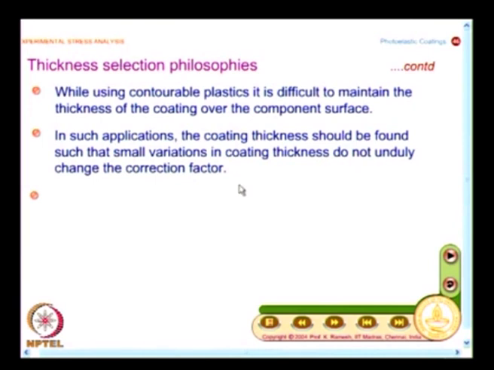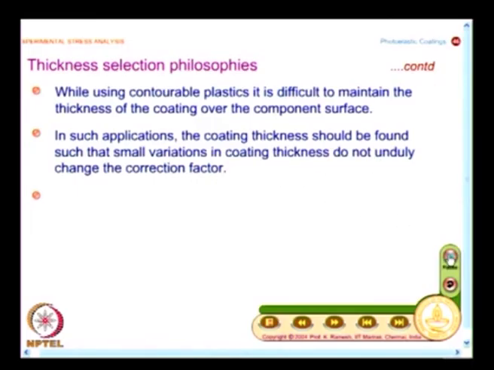In fact, we are going to see a variety of problems which are very complex in shape, where contourable plastics have been employed to analyze a variety of practical situations. So, in such cases the coating thickness should be found such that small variations in coating thickness do not unduly change the correction factor.